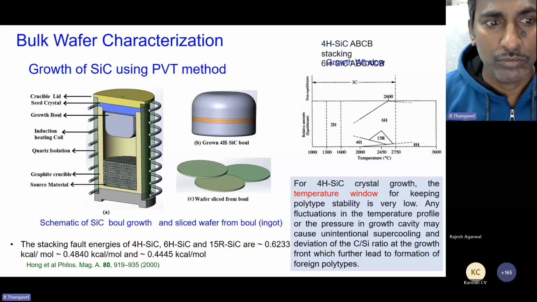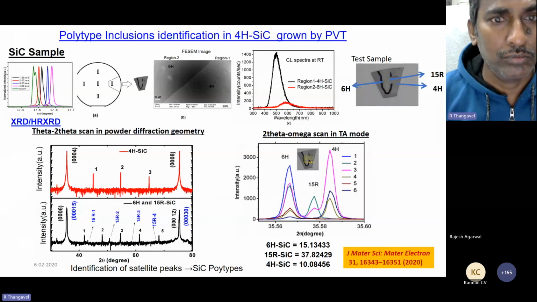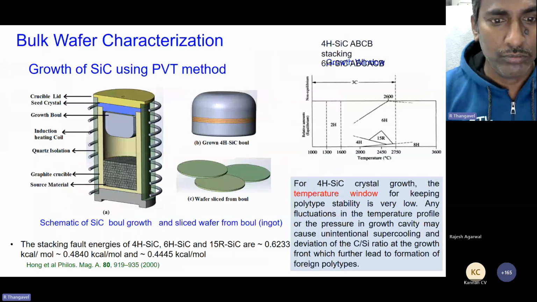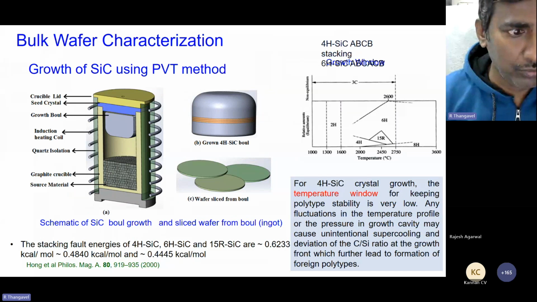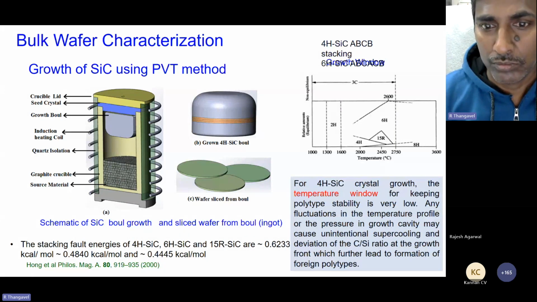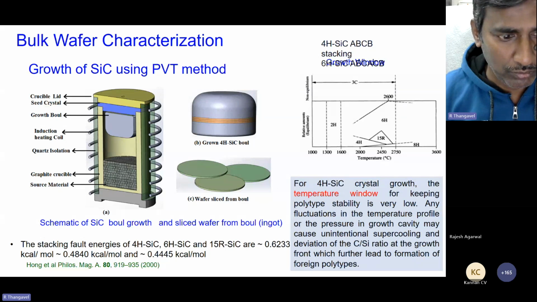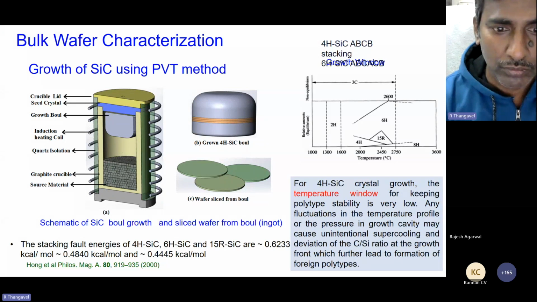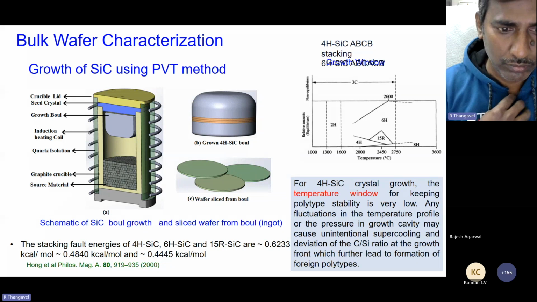The difference between the stacking fault energies of the 4H, 6H and 15R silicon carbide is very small. So if any impurity occurs while growing silicon carbide, there is a finite possibility that another polytype like 6H SiC or 15R has been grown.